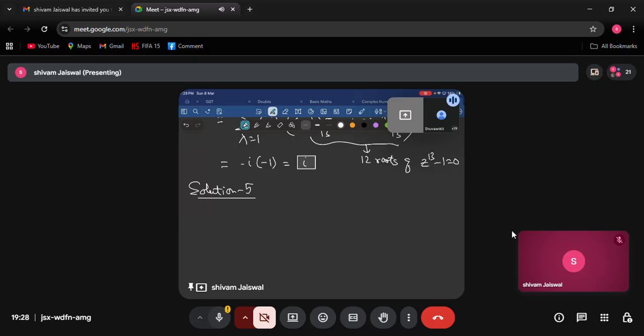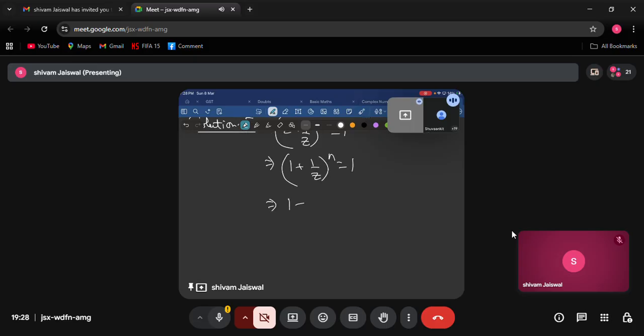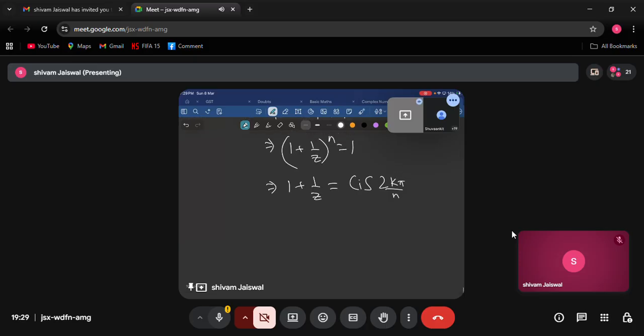Can I write (1 plus 1 by z) whole to the power n equal to 1? This implies 1 plus 1 by z is equal to cis 2k pi by n, the roots of unity. For the time being, let 2k pi by n be equal to theta.